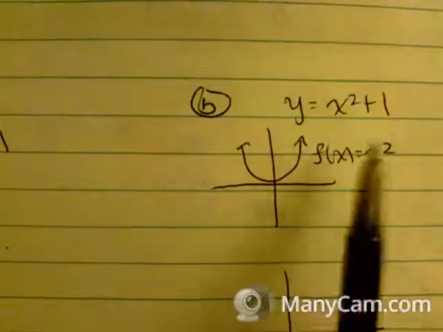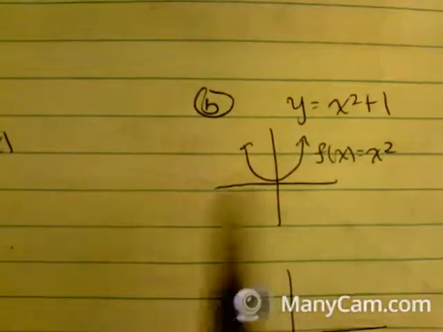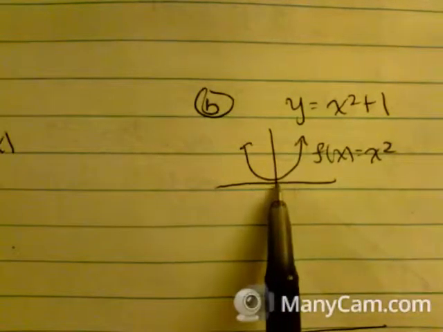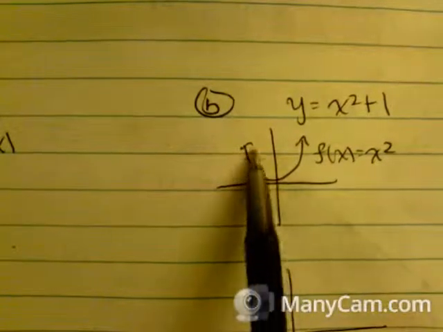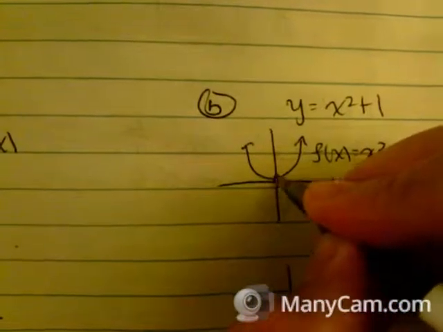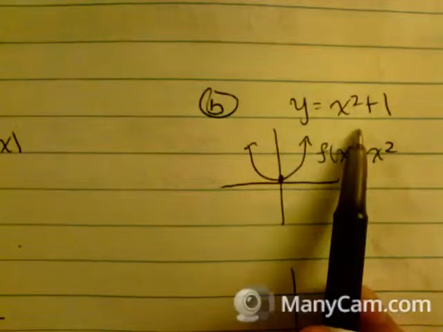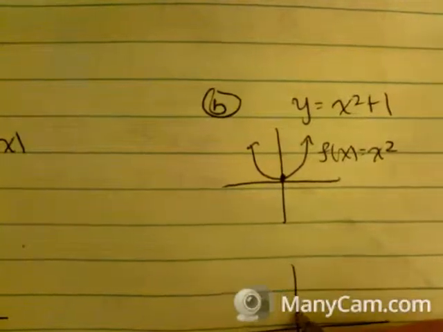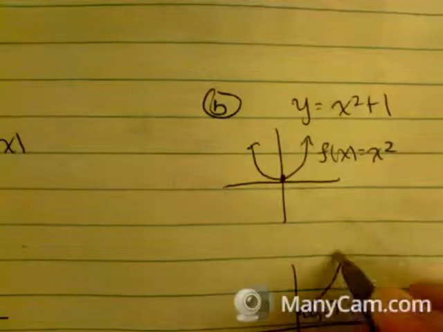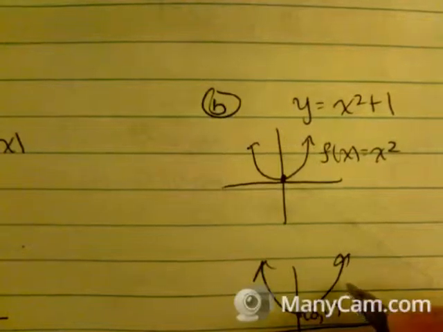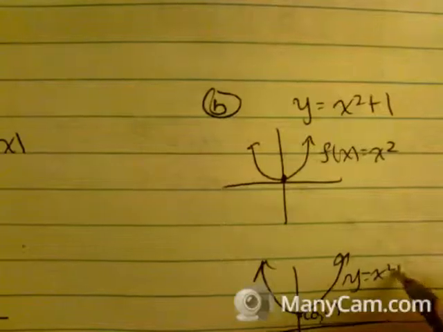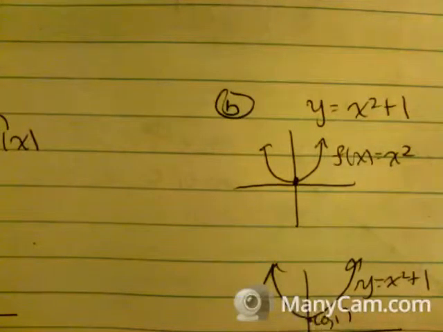For letter B, I want to graph y equals x squared plus 1. Just like the other one, f of x equals x squared looks like this, where the vertex is at (0, 0). But I'm going up 1. So therefore, this is (0, 1). y equals x squared plus 1: you go up 1.